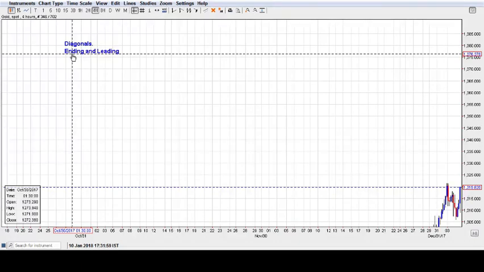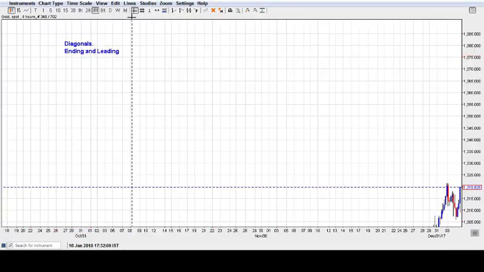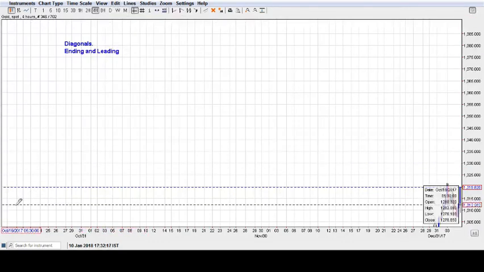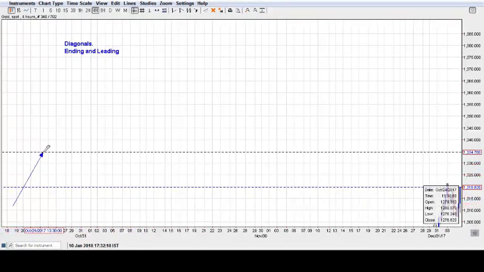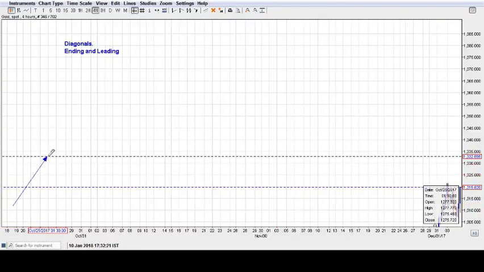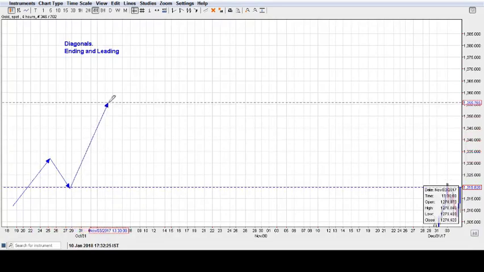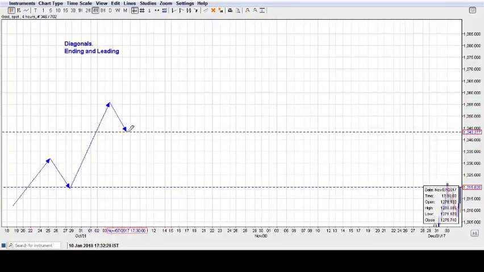The only difference between an impulse or an extension and the diagonal structure is that I'd like to draw and show it to you. I'm going to do a picture for an ending diagonal. Let's say I'm doing the impulse wave, and now let's begin with the ending diagonal.